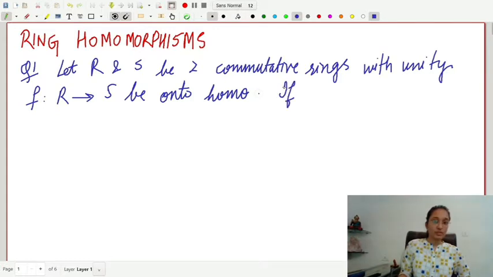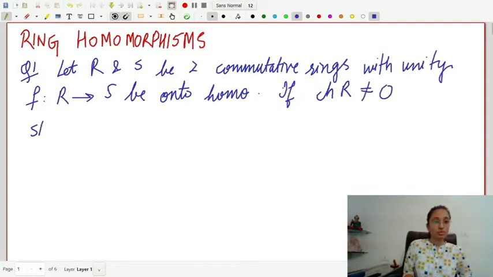If characteristic of R is non-zero, show that characteristic of S divides characteristic of R.